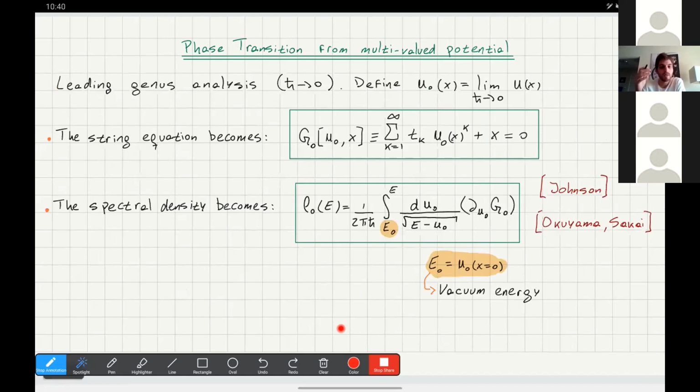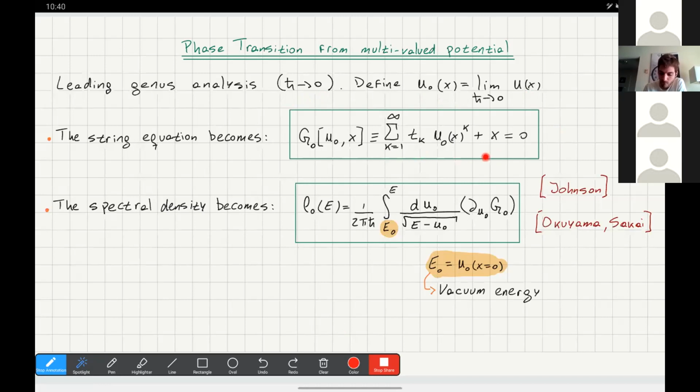Good. So now let us analyze the analogue of the disk partition function. The disk partition function from the gravity side was the leading genus contribution. Using this technology, from this perspective, it corresponds to the h bar going to 0 contribution. This potential U of X, which will play a crucial role, I will denote in this limit as U0 of X. The string equation in this limit becomes this constraint over here.